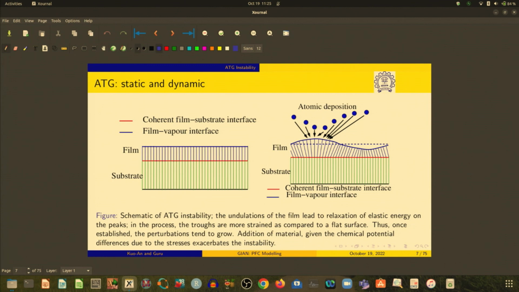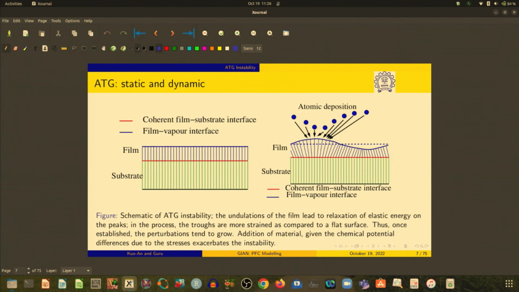Suppose the film surface becomes a little bit sinusoidal, and if you assume that the film would like to have a larger lattice parameter, for example, you can see that at the peaks it can relax to the larger lattice parameter, but at the cost of making the lattice parameter still smaller at the troughs, which means once this sets in, it is self propagating.